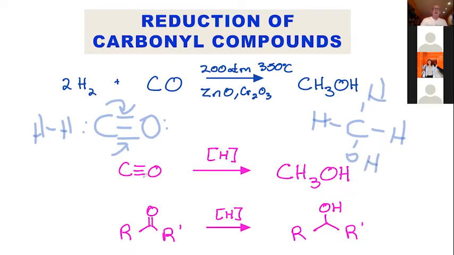So basically we've added 3 hydrogens to the carbon and 1 hydrogen to the oxygen. So we call that a reduction because we're reducing the amount of bonds that carbon is making with oxygen. It was making 3 bonds before, and now it's only making 1. So we call it a reduction.